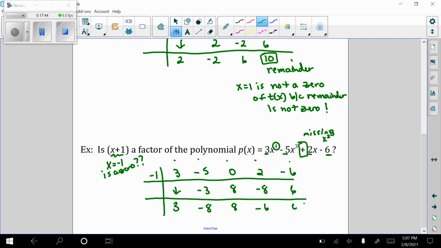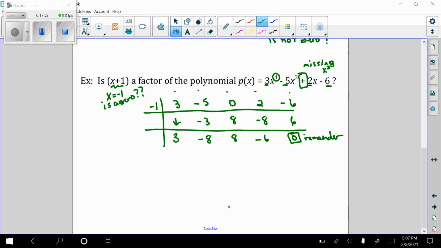I add, and I get 0. So this is my remainder, which tells me that x plus 1 is a factor of p of x, and x equals -1 is a 0.